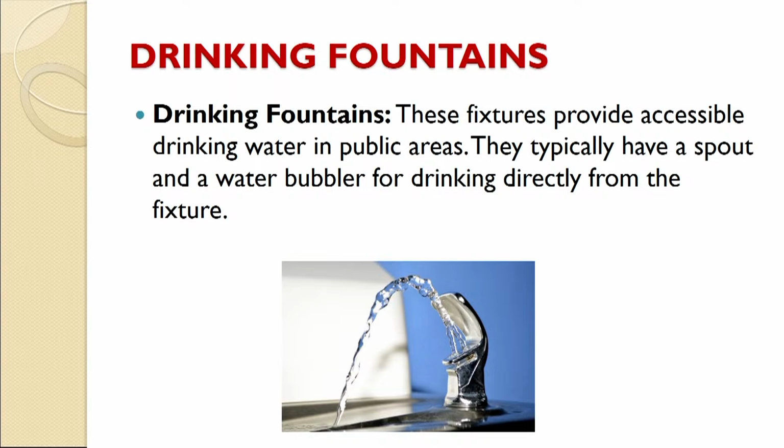Drinking fountains are in a common place. They have a button at the front, and if you just press, the water will come as a spout, a water bubbler for drinking directly from the fixture. But there is a space and you can use your small disposable glass for taking the water.